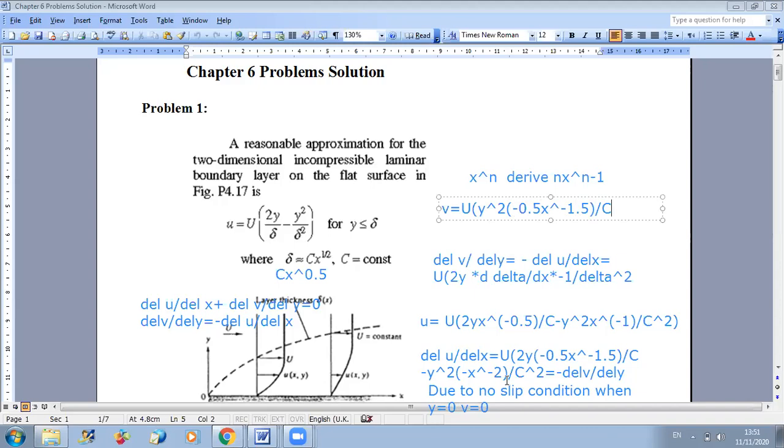For the second term, I have minus y cubed over 3 times minus x to the power minus 2 over c squared. In this way I have obtained v as a function of x and y. Now, next question. Any question on this part?